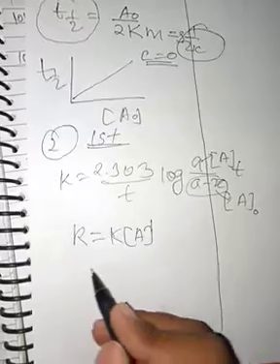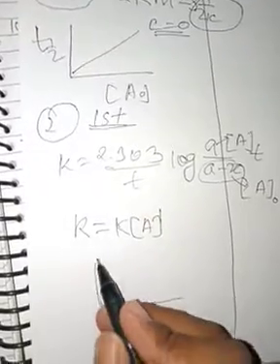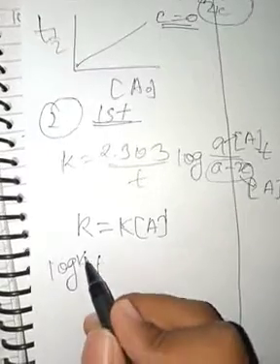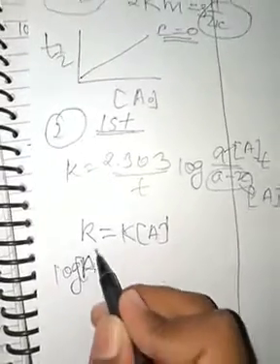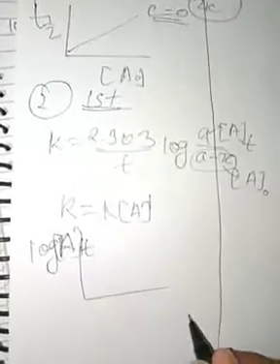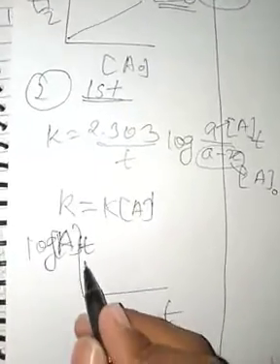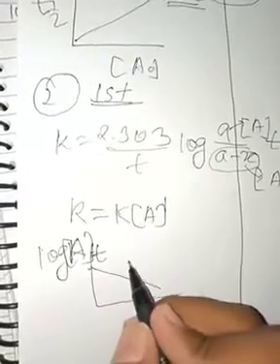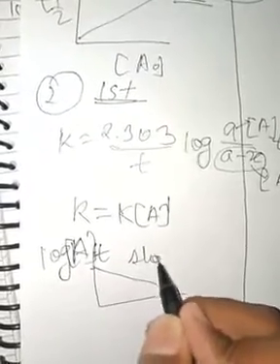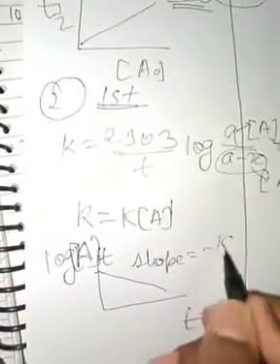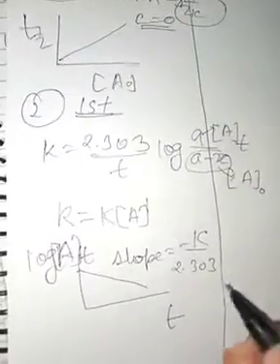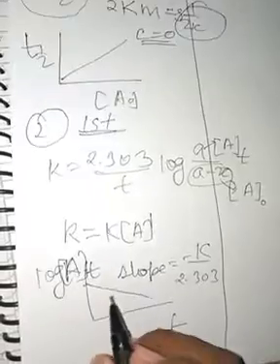Now I am deriving the graph. This is log a naught minus log a, and this is t. Once again it is a straight line, but the slope this time is different, that is k upon 2.303. We can easily derive this graph.